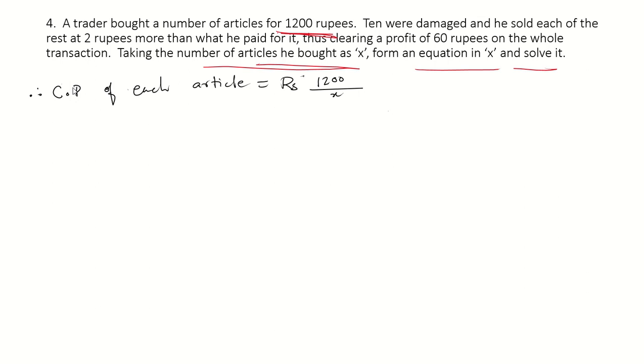Now he sold each of them at 2 rupees more than what he paid for it. So the selling price of each article equals rupees 1200 over x plus 2, right? Plus 2. And he also said 10 were damaged. Please keep in mind that 10 were damaged.